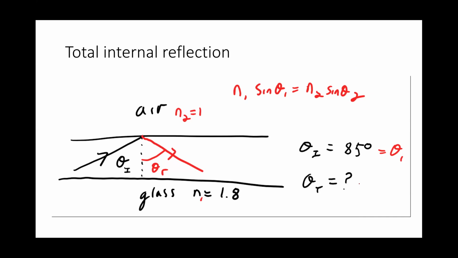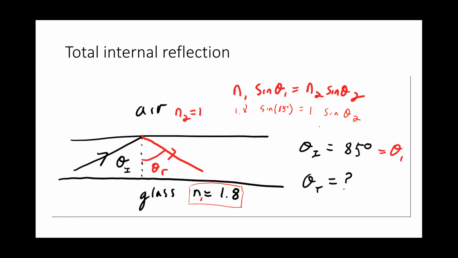We can arrive at a really interesting phenomenon with Snell's law. Imagine light inside a medium with a high index of refraction, so let's say I have light moving inside glass with an index of refraction of 1.8, and that piece of glass is sitting in some air. If my light comes in at a steep enough angle, let's say an incident angle of 85 degrees, I have n1 equals 1.8, sine of 85 degrees equals 1 times sine of theta 2.